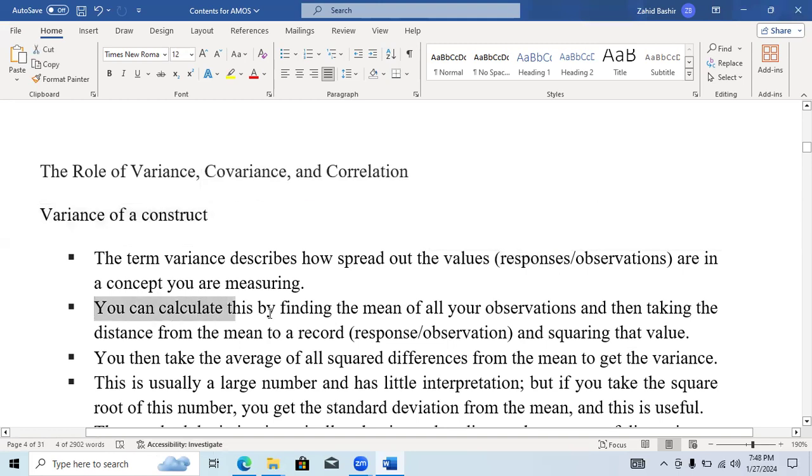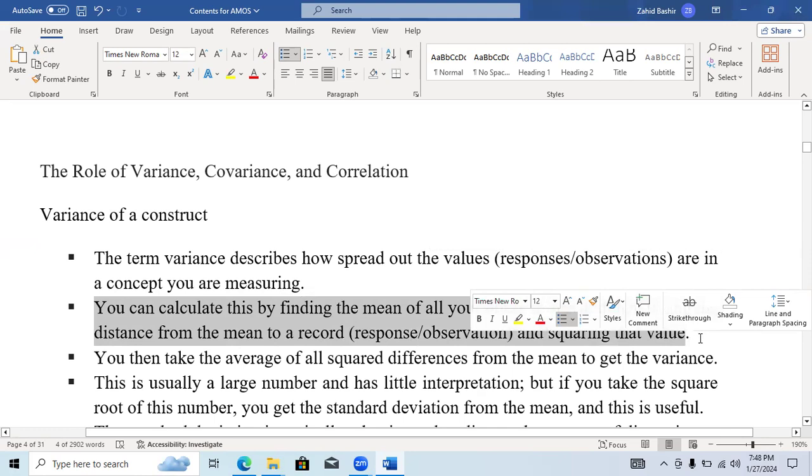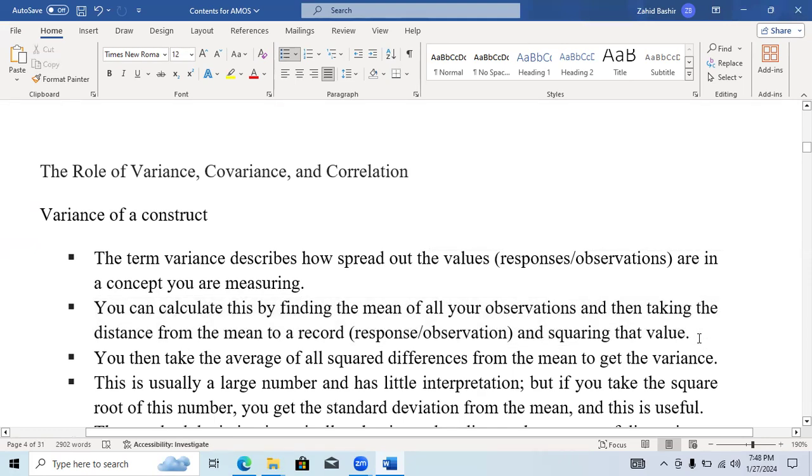You can calculate this by finding the mean of all your observations, then taking the distance from the mean to each recorded response or observation, and squaring that value. This is basically a manual procedure.